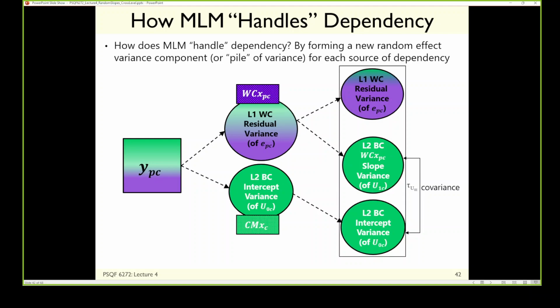Cluster things, yeah. Now this guy, right here, the slope, this is the tricky one. This is between cluster variance in a within cluster slope. It's kind of both at the same time. Between cluster variance at level 2 in the within cluster slope of a level 1 predictor.